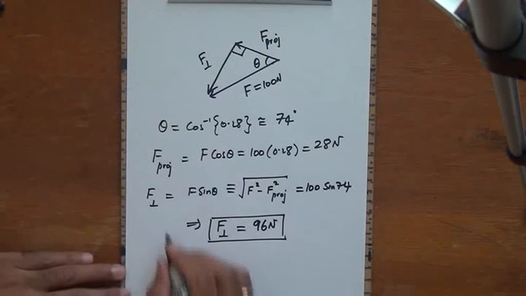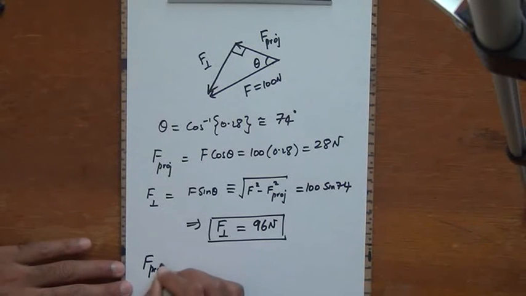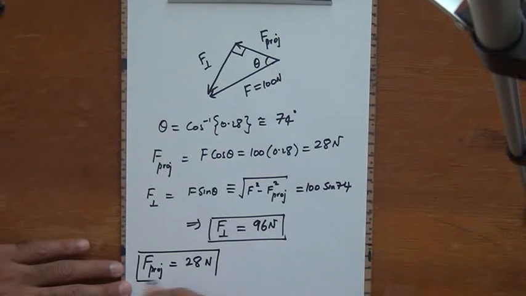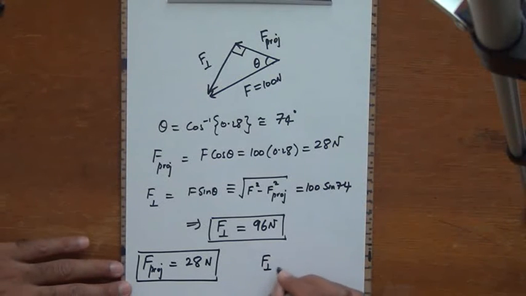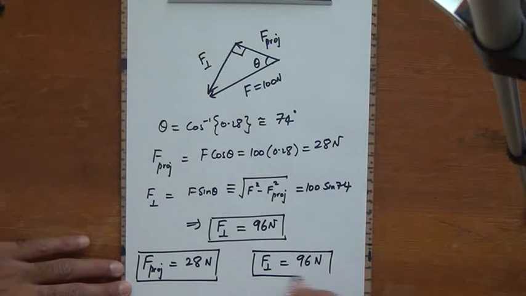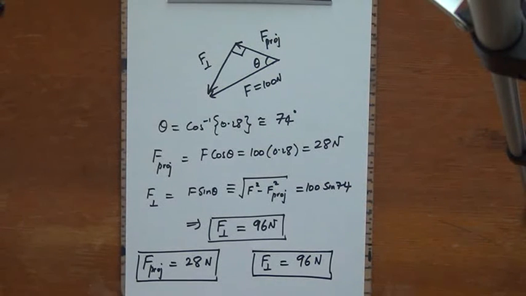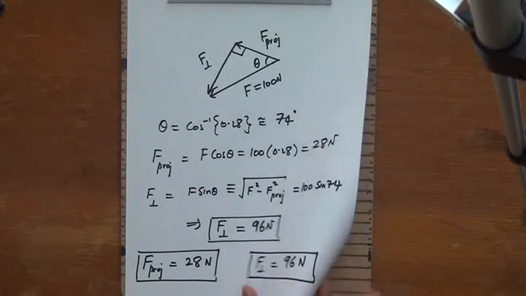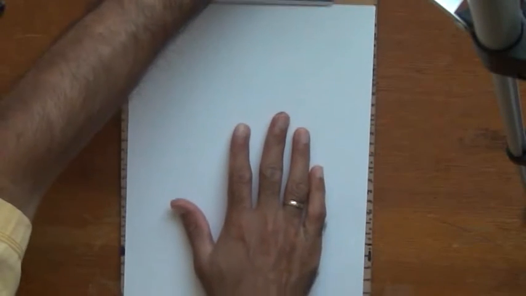So I have F projection as 28 newtons, and then I have F perpendicular as 96 newtons. So these are just the magnitudes. We are not yet done, because we want to express these answers in terms of Cartesian unit vectors along their respective line of action. And so we take the following route for that.